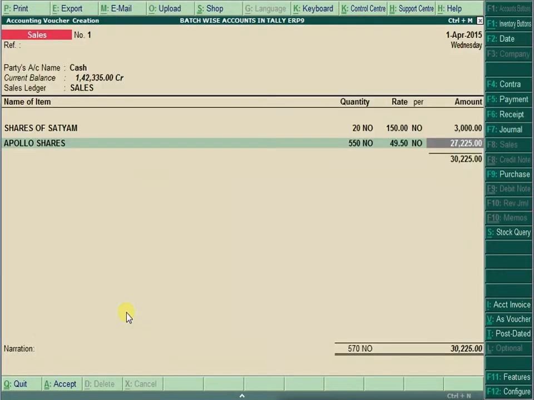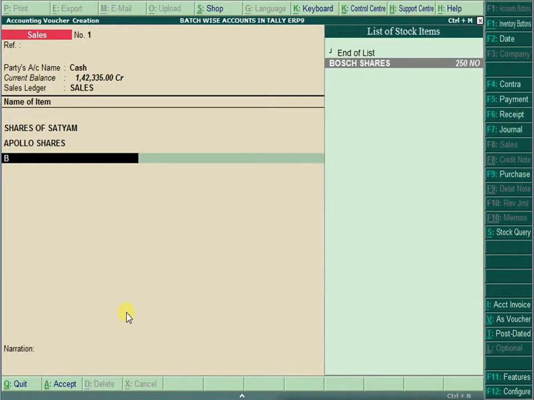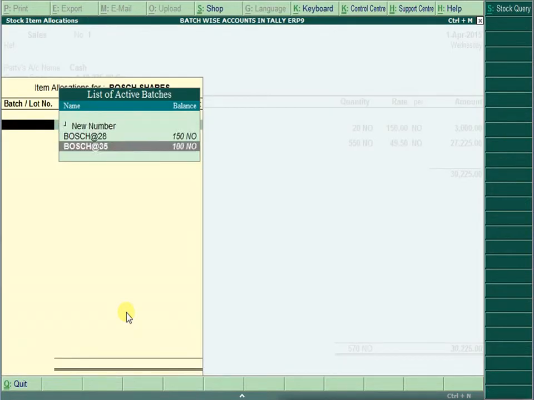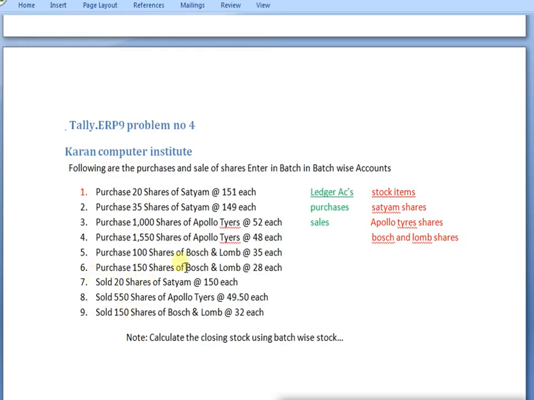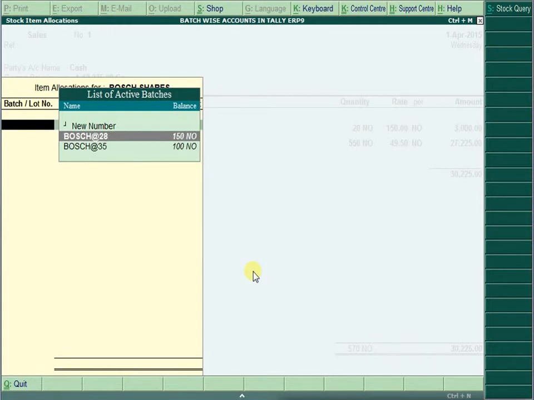Okay. And next the same for Boston Loam shares. We have two batches in the name of Boston Loam. We purchased two times, each one 35 and each one 28. The present market value of Boston Loam shares is 32. If we sell from the 28 batch, we can get 4 rupees profit. When we select the 35 batch, we get 3 rupees loss. So we should select the 28 batch.